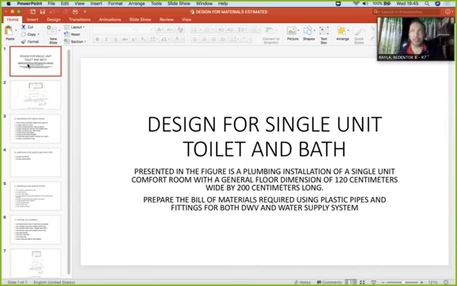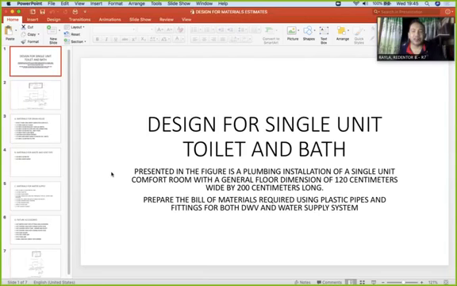In the architectural drawing, we notice already the toilet and bath, but for others, maybe there is some difficulty. What is T and B? It stands for toilet and bath.